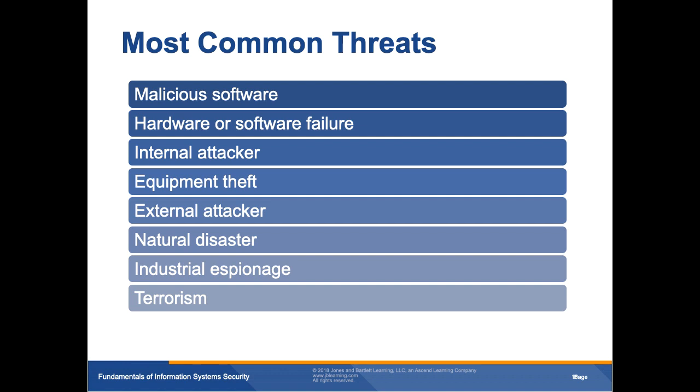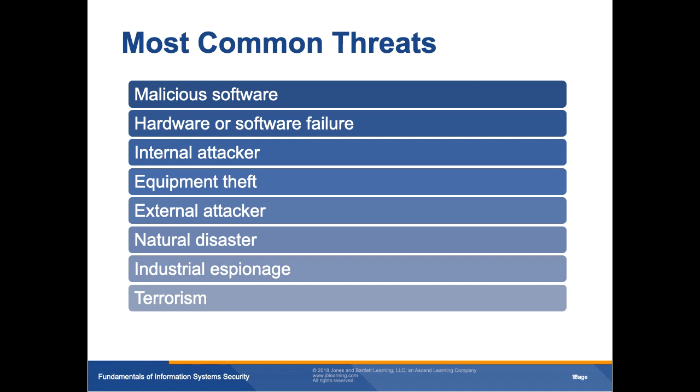Okay, so the most common types of threat: malicious software definitely, and hardware and software failures are a threat. They do harm, but they're not necessarily intentional. The internal attacker, a disgruntled employee or a bribed employee, can be very dangerous.